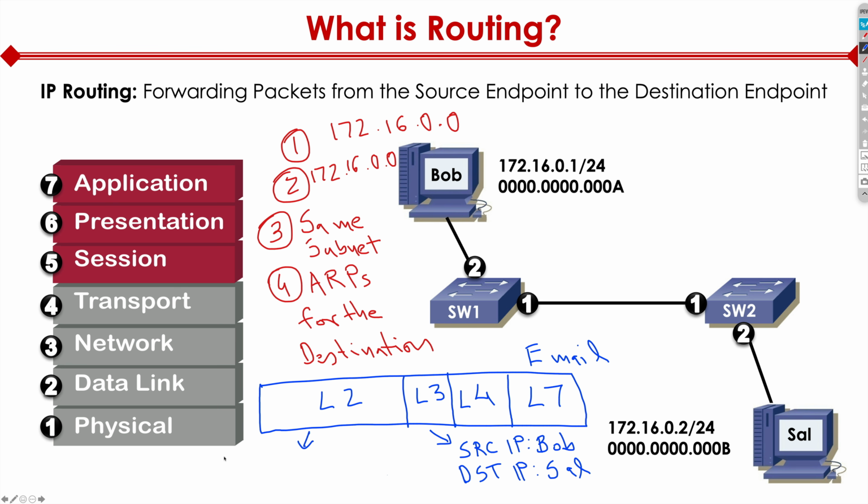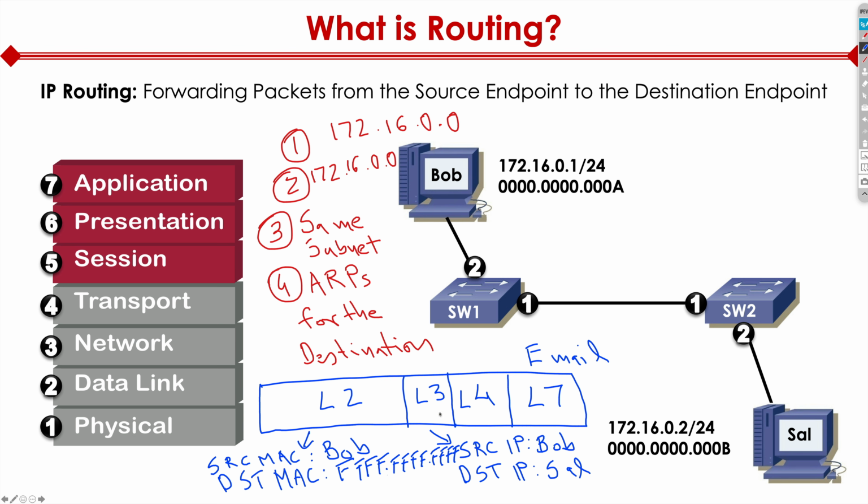However, when we look into layer 2, we'll have a source MAC of Bob, because Bob is the originator, and then the destination MAC, if you were thinking Sal, you would be incorrect. If they're talking to each other for the first time, they've never communicated before, then the destination is going to be set to all Fs by Bob.